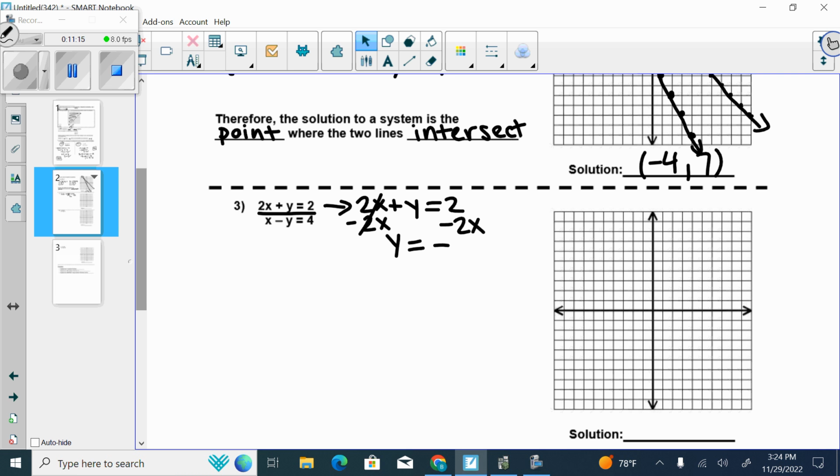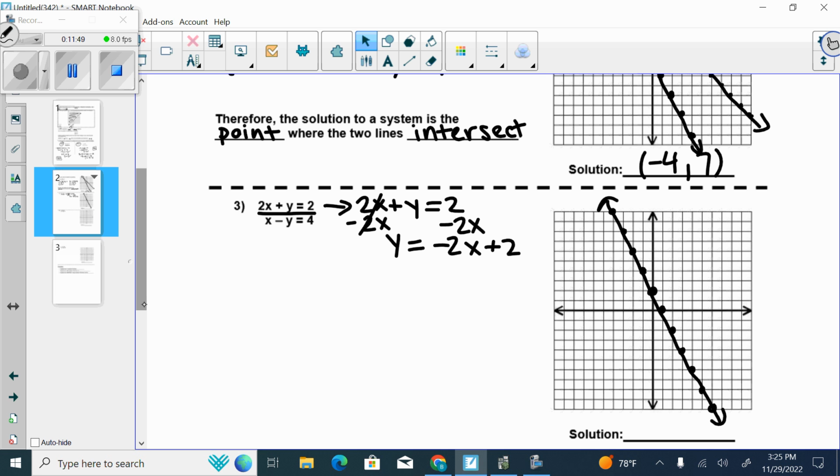So I just write down the negative 2x and then the positive 2. Okay, so now this one's ready to go, right? Where is it going to start at? Positive 2. And my slope tells me to go where for that next point? Very good. Okay, so there's the first one.